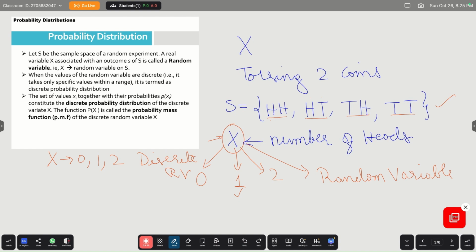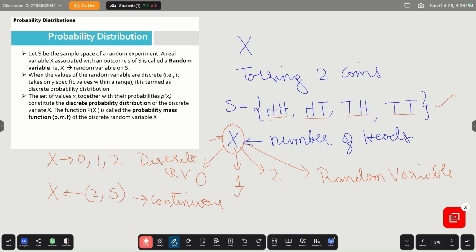And suppose x is taking any value in an interval, let us say the interval is 2 to 5. It can take any value between 2 and 5. It's not restricted to 3 and 4. It could be 2.1, 2.7, 3.4, 3.8, 4.6, whatever it may be. Then it is called a continuous random variable.